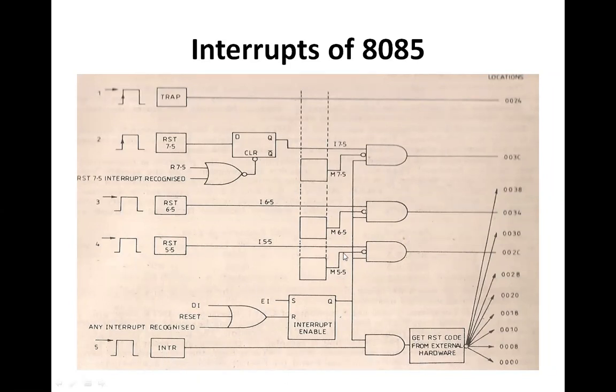If we want to activate this, RST 5.5 should be high, and so on. And you see, trap does not have any such condition. If trap is high, it has to handle the 0024 memory location where the interrupt service subroutine for the trap is written. So that is all about the interrupts of the 8085.